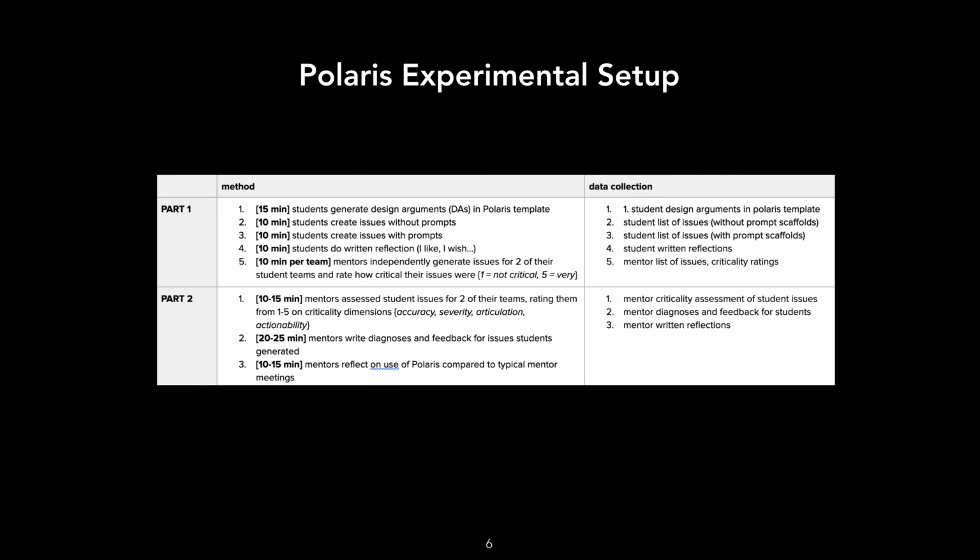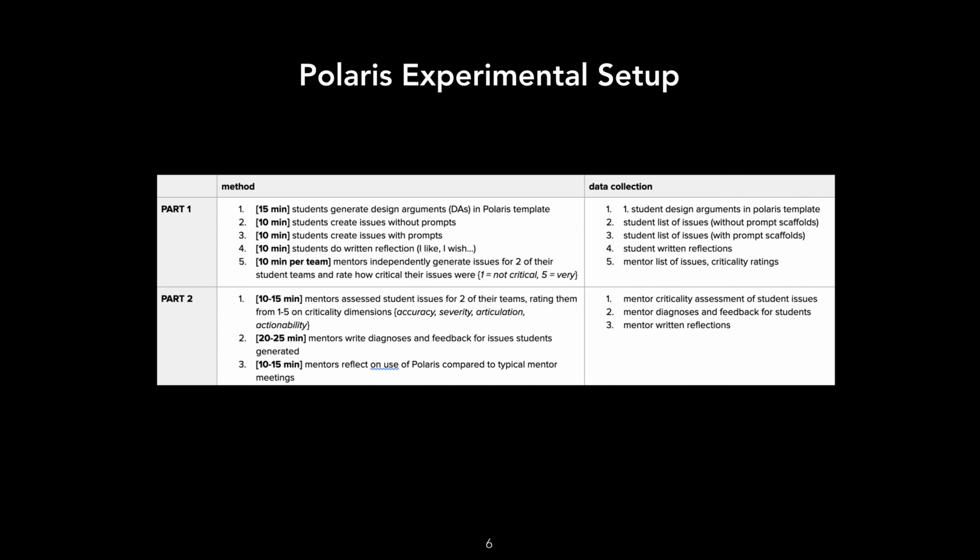We had conducted an initial experiment on Polaris to understand its efficacy in helping students construct and evaluate their design arguments and how that might compare to mentor performance. In the initial experiment design, in the first part, students generated their design arguments using the Polaris template.